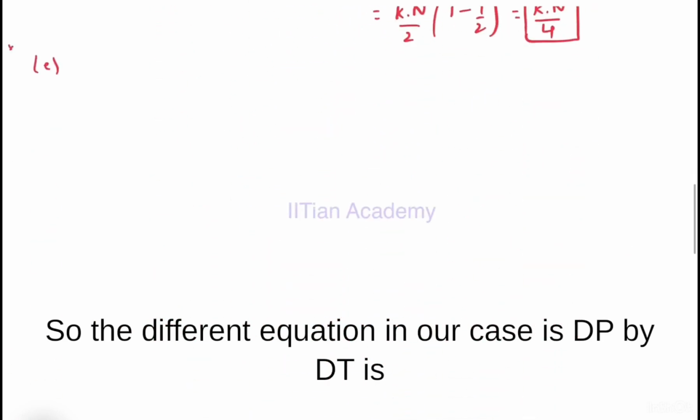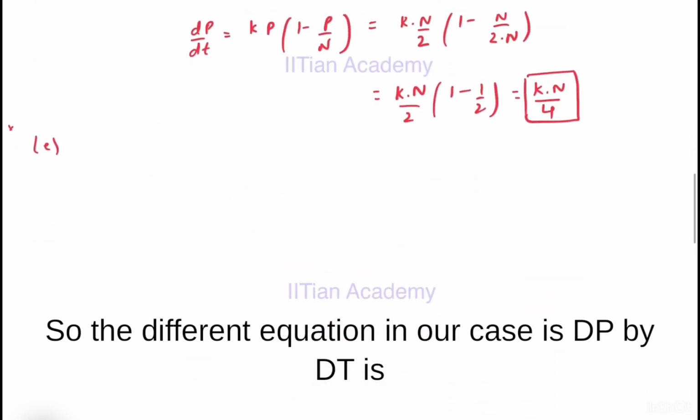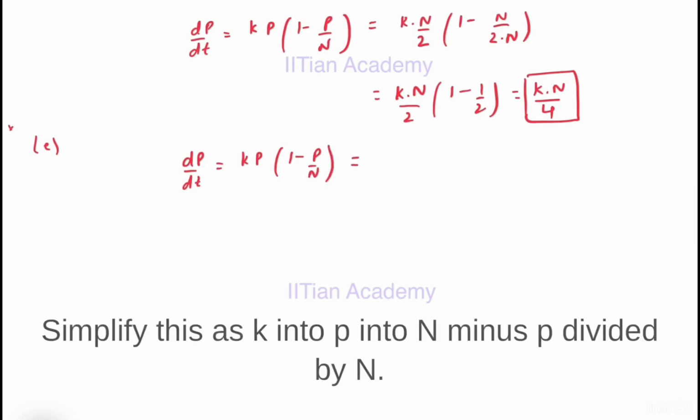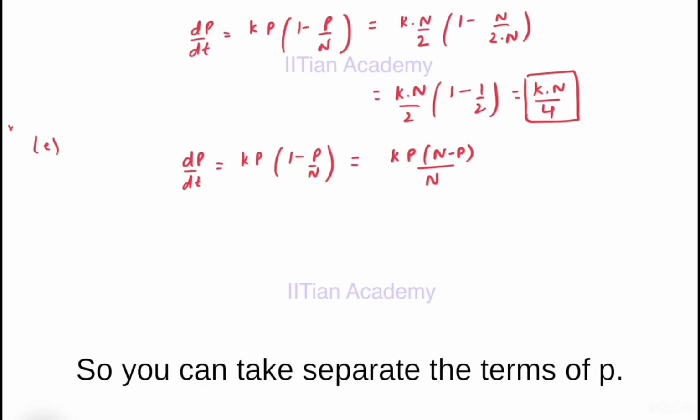So the differential equation in our case is dp by dt equals k into p into 1 minus p by n. You can simplify this as k into p into n minus p divided by n. So you can separate the terms of p.